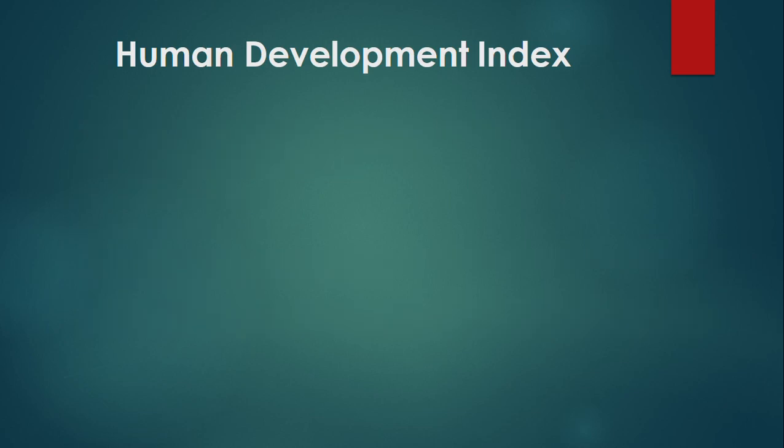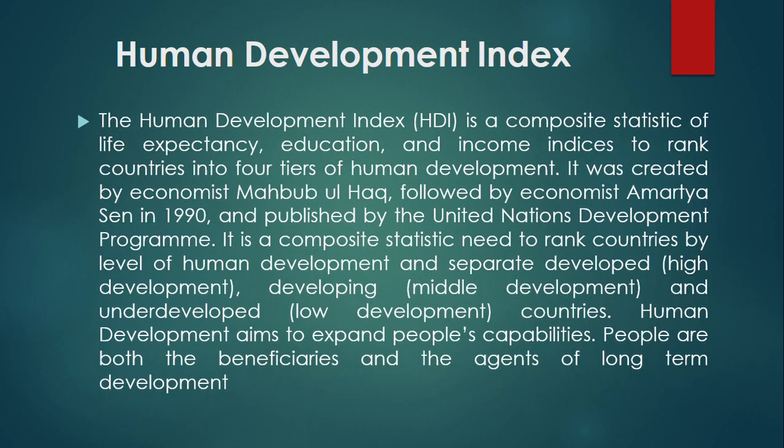Next is Human Development Index. The Human Development Index (HDI) is a composite statistic of life expectancy, education, and income indices to rank countries into 4 tiers of human development. It was created by economist Mahbub ul Haq, followed by economist Amartya Sen in 1990, and published by the United Nations Development Programme.